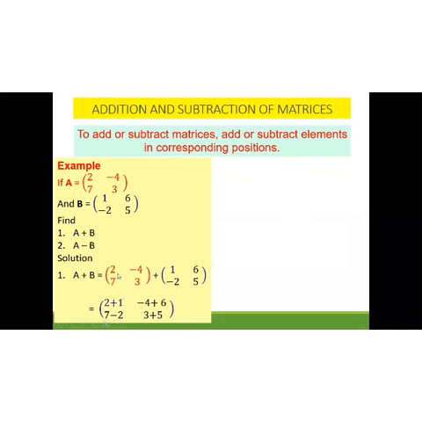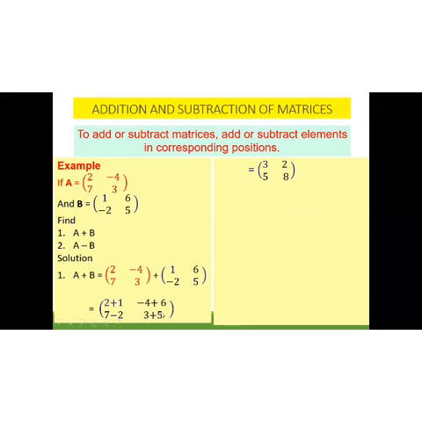The only thing you need to be very careful about here is minus signs, especially when you move on to subtraction. We'll talk more on that as we move on. So the final answer: 2 plus 1 is 3, minus 4 plus 6 is 2, 7 minus 2 is 5, and 3 plus 5 is 8.